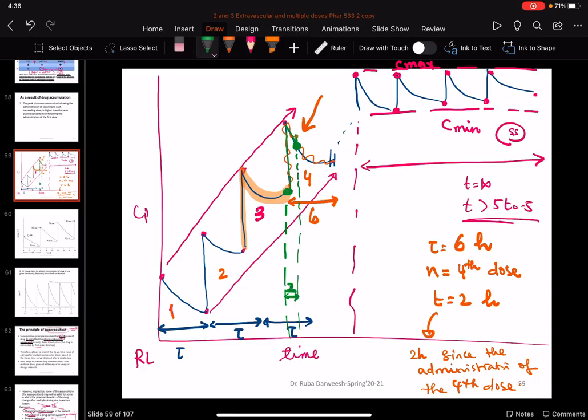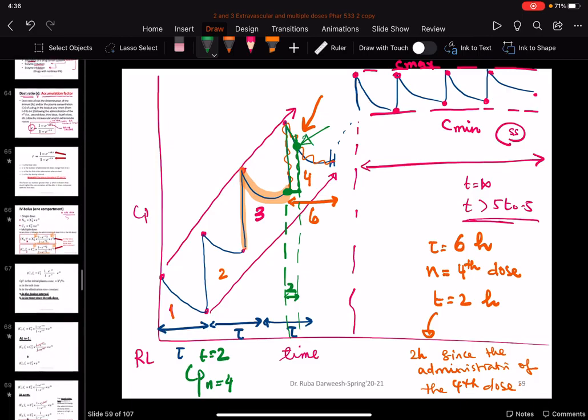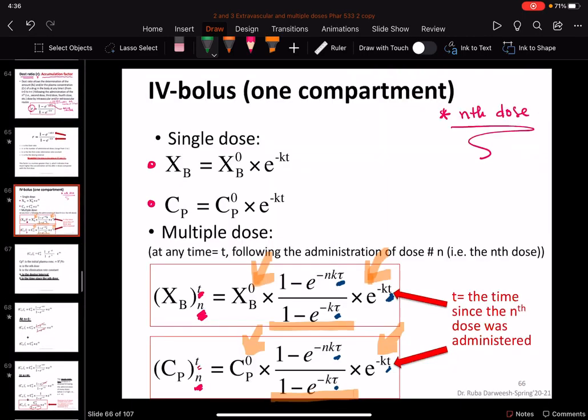So after the start, we are having 2 hours, then this is the concentration I'm interested in. So I can determine the concentration as n equal 4 at time equal 2. All the time I say be careful when you are talking about the concentration because it's for the nth dose, not the whole profile, and the time is since the nth dose administration.